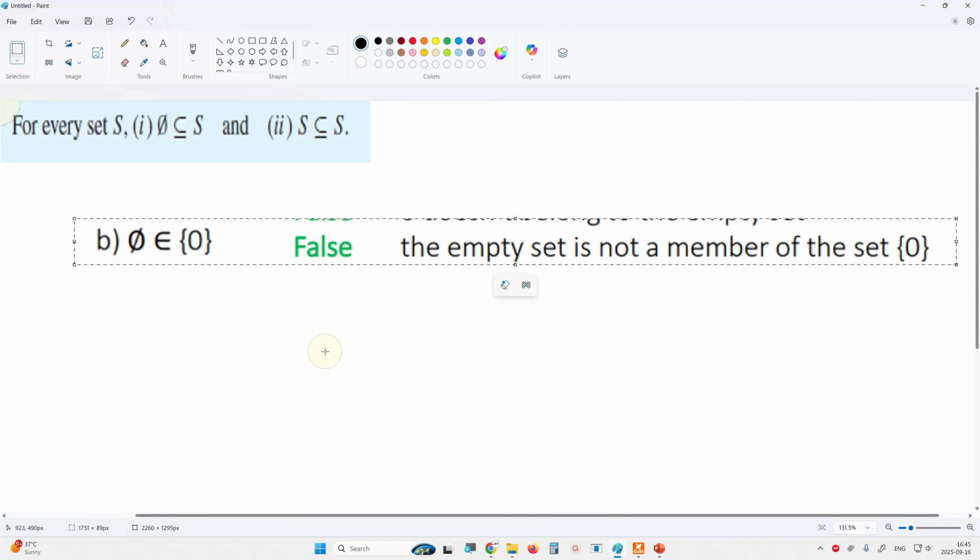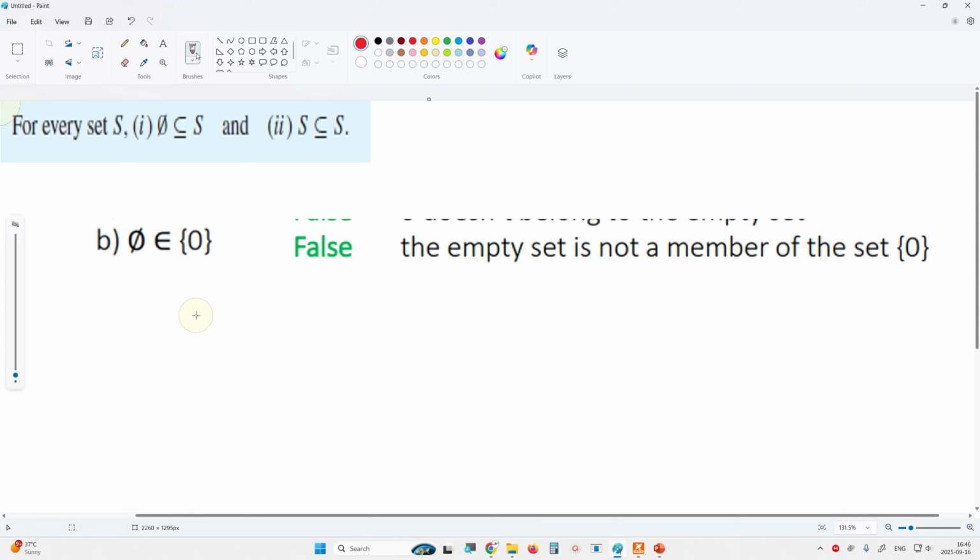Now this thing here says that for every set that I can have, no matter what the set is, the empty set is a subset of that set. Now imagine my set is a set that has 0 in it.